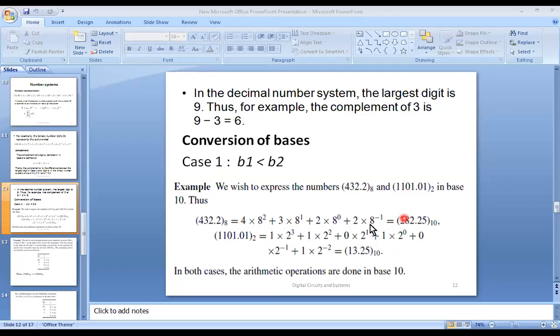You need to remember this: the weight for the first digit after the dot is 8 power minus 1. The next digit will have weight 8 power minus 2, then 8 power minus 3, 8 power minus 4, and so on. Later we will do some examples.